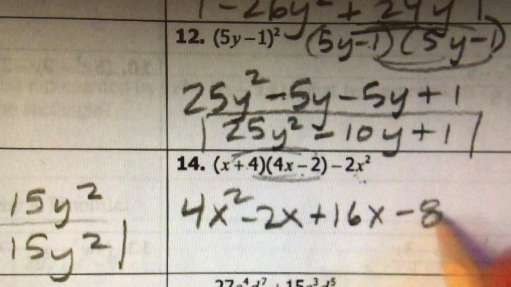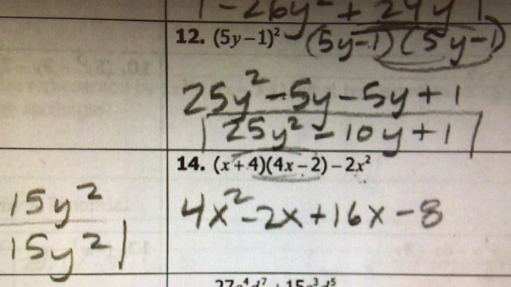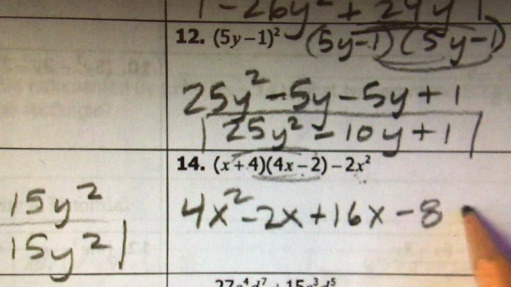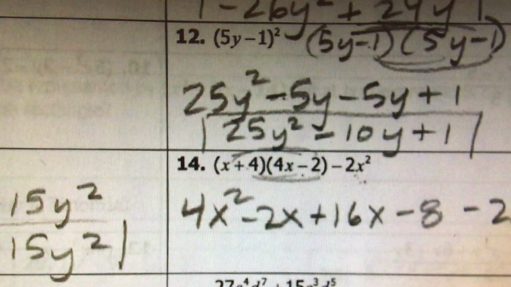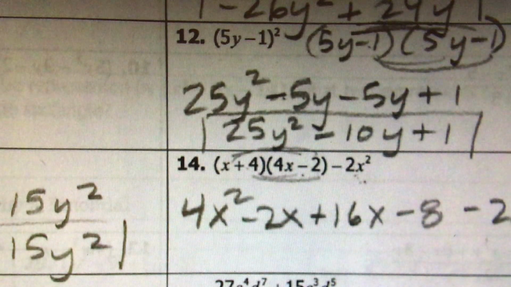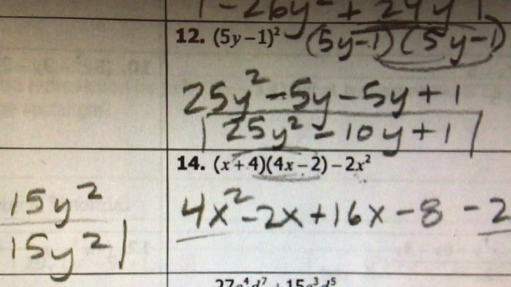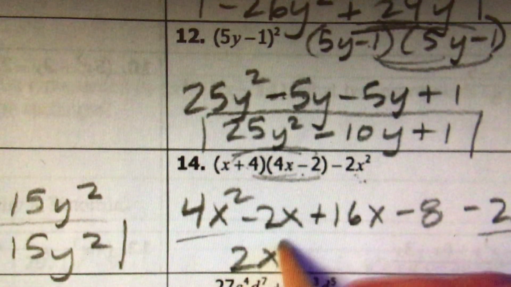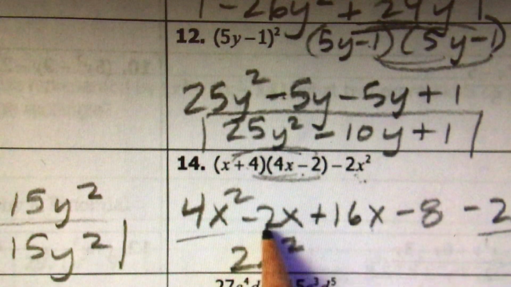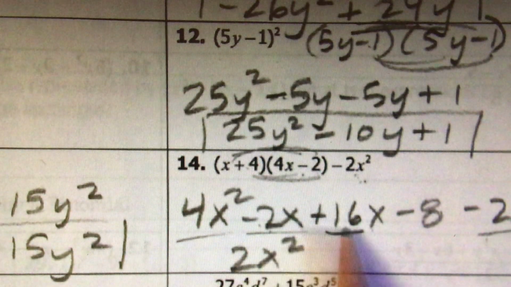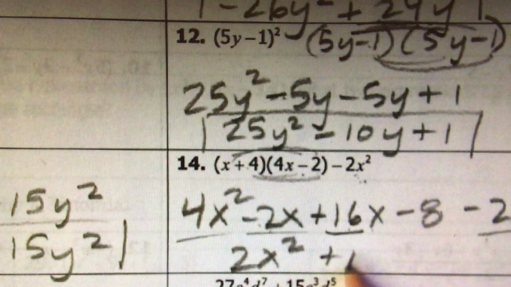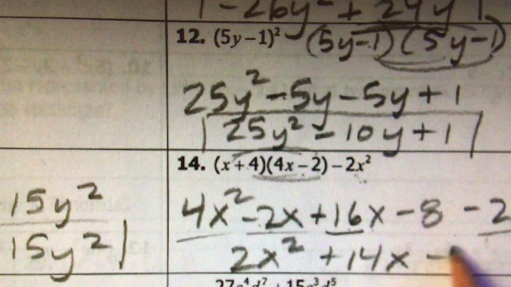That's that first part. And then I'm going to go ahead and subtract my negative 2x squared. They're all adding and subtracting, so I can just go ahead and look for like terms. Let's see, I have a 4 minus 2x squared is going to be 2x squared. And I have some linear terms here. Negative 2 plus 16 is 14x minus 8.